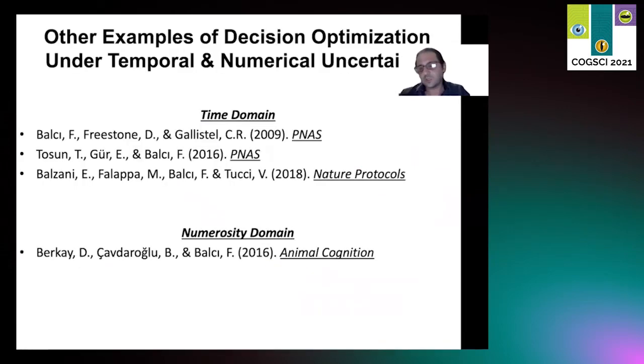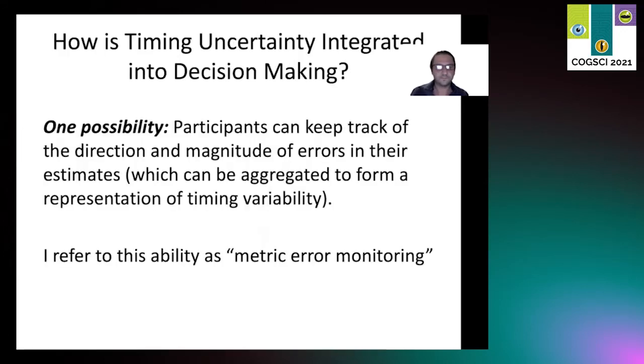We see similar results in different, more complex tasks. These findings are observed again and again with different time intervals and with different tasks in different species of animals. For those who are interested, I just listed a few publications here.